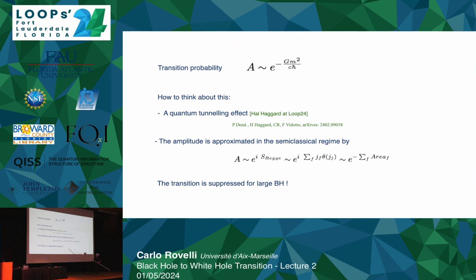Another way of viewing it is that the amplitudes, remember, we expect the amplitude to be proportional to the Regge action. You will have lectures on the Regge action. The Regge action is a sum of areas, surface, spin, as you have seen, times angles. But when there is no Lorentzian geometry that allows this transition, this angle comes out imaginary.